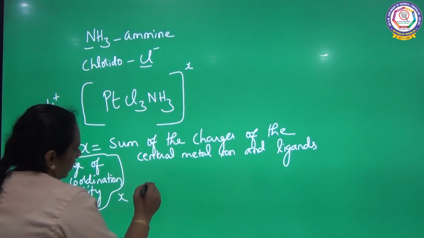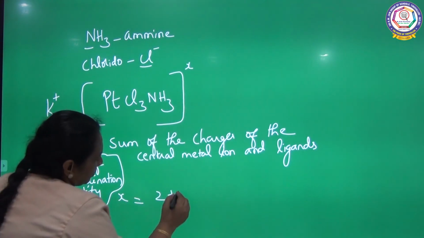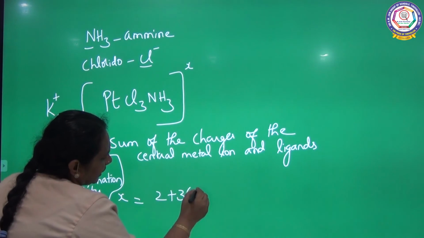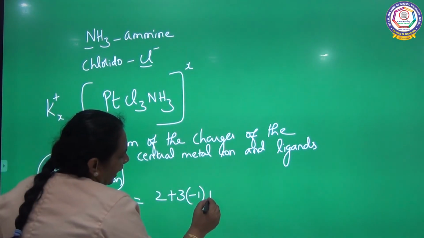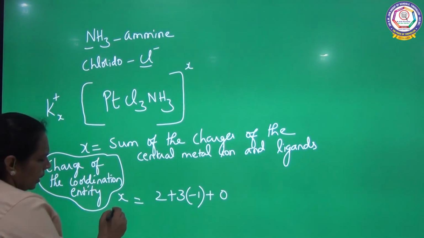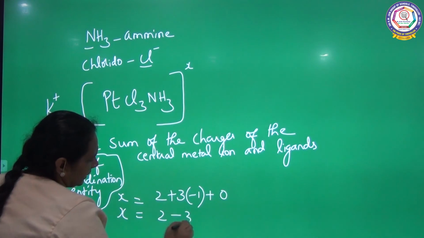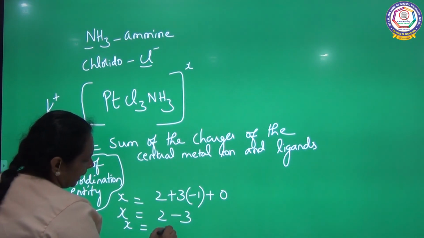Three chlorine atoms are there, 3 into minus 1, plus ammonia, a neutral ligand, which is 0. So x is equal to 2 minus 3, x is equal to minus 1.